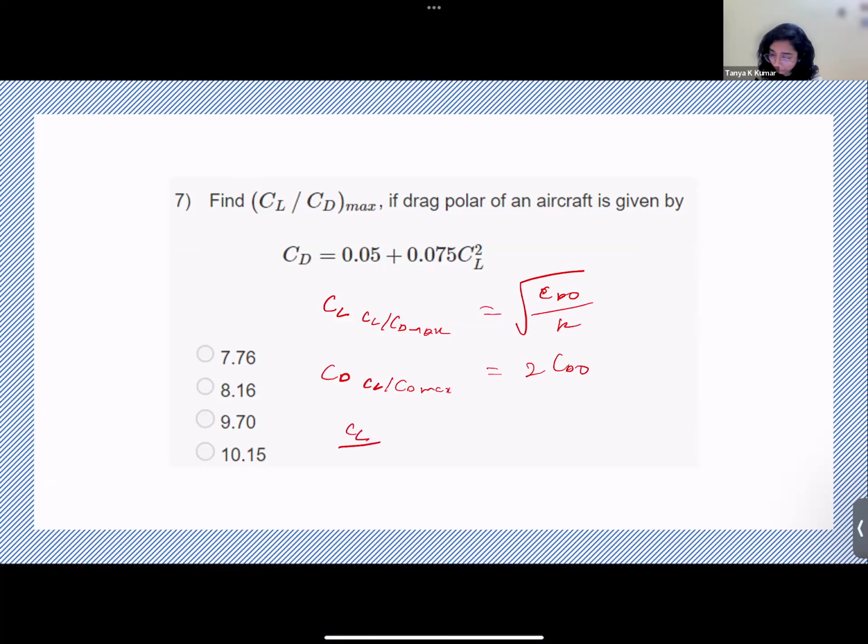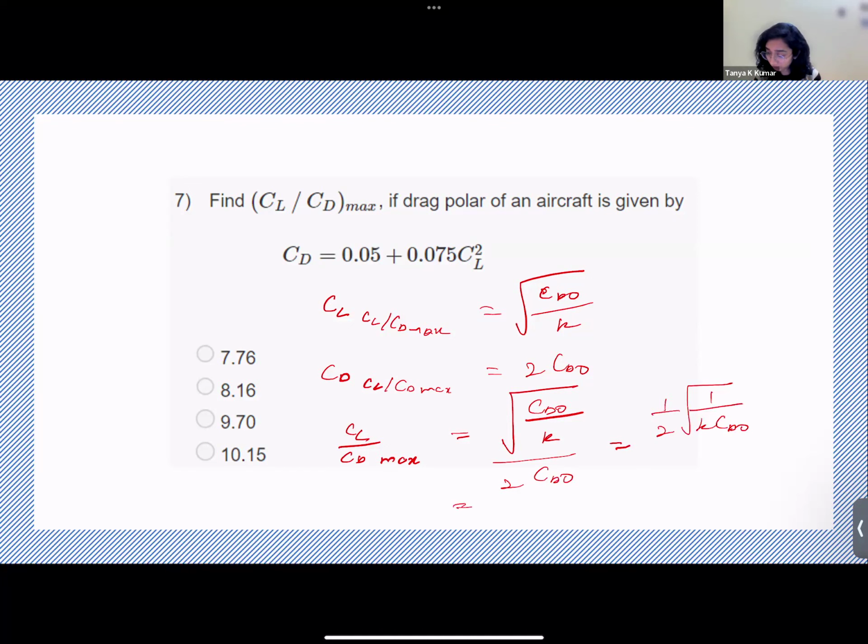So just find out the ratio. So it will be CL by CD max would be under root CD naught by K by 2 CD naught. So what would it be? 1 by 2 under root 1 by K CD naught.